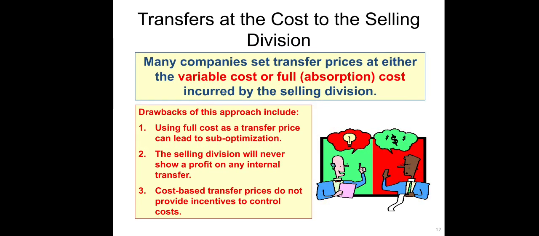Okay, so let's see. This is the second method. The second method is the transfer at cost. Transfer at cost means the selling department has to transfer its product or service to the buying department at cost.